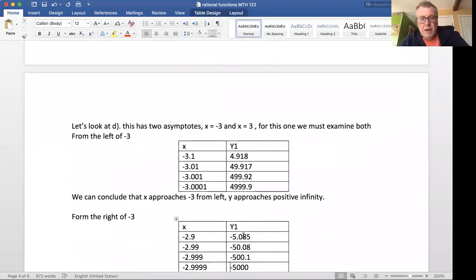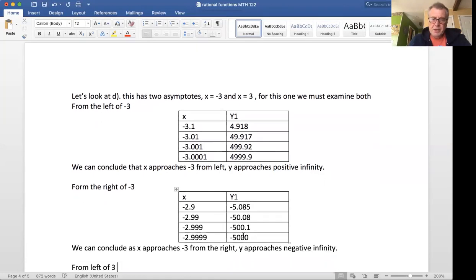Looking at D, we have 2 scenarios. We have minus 3 and 3. As we approach minus 3 from the left, we start with minus 3.1 and head toward minus 3.0001. We can see it gets bigger and bigger. So as I approach that vertical asymptote from the left, I head toward positive infinity.